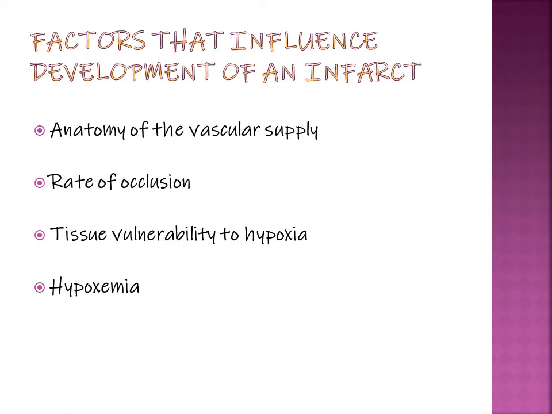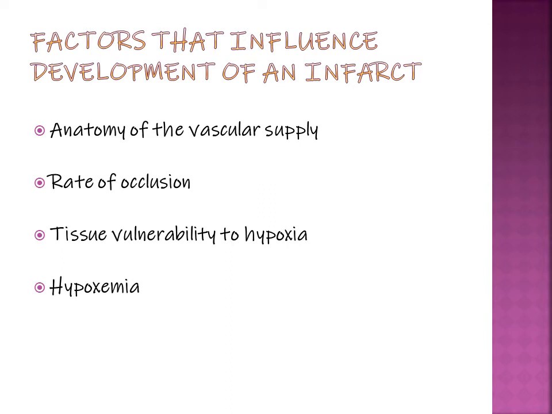Moving on to the last slide of today's lecture, these are the various factors that influence the development of an infarct: the anatomy of the vascular supply, rate of occlusion, tissue vulnerability to hypoxia, and hypoxemia itself. First, anatomy of the vascular supply. Numerous organs are present in our body, and a few of these organs have a dual blood supply.